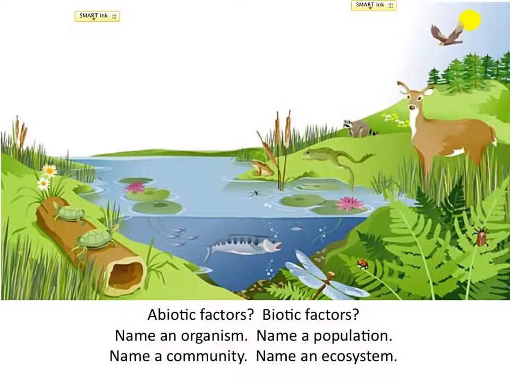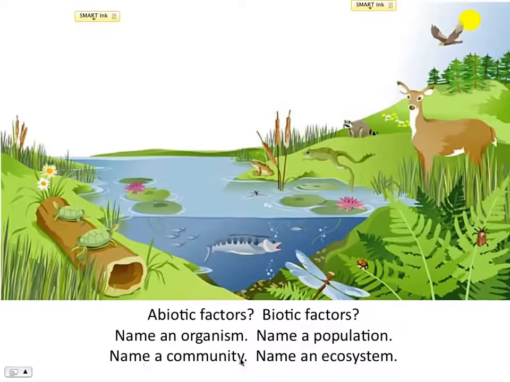An organism. You can name an organism. Anything we just named was an organism. And don't forget, these trees and grass and plants are organisms as well. A population. We could talk about the population of fish in this habitat. We could talk about population of frogs or raccoons or deer, the turtle population.